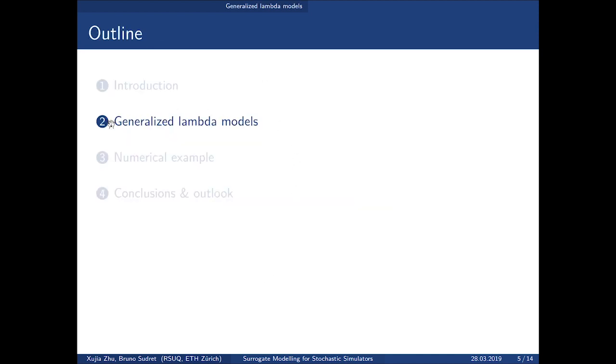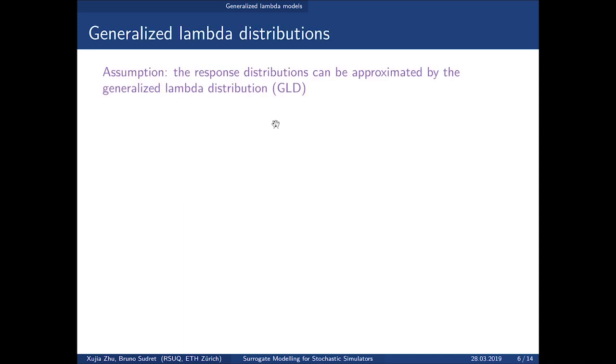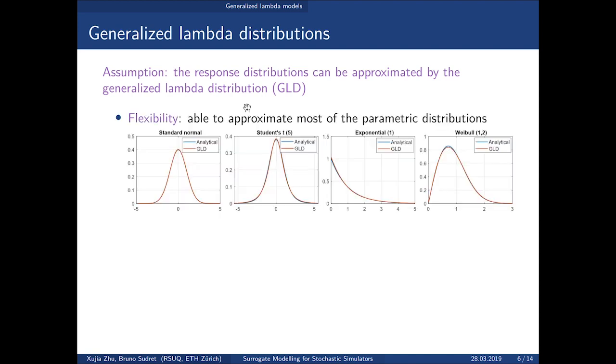To fulfill these requirements, we propose the so-called generalized lambda model. This model is under the assumption that the response distribution can be approximated by the generalized lambda distribution. The generalized lambda distribution is a highly flexible distribution family that is able to approximate many parametric distributions, such as normal, Student's t, exponential, Weibull, gamma, beta, and so on and so forth.